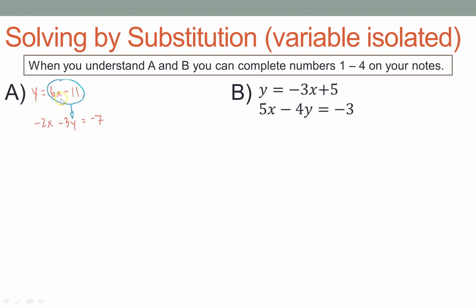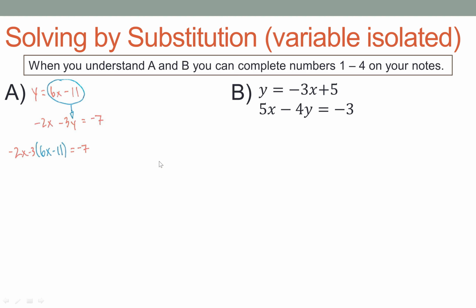So remember, the first equation is 6x minus 11 equals y, and the second equation is negative 2x minus 3 times y. So instead of the y, I have negative 2x minus 3 times the quantity in parentheses 6x minus 11. That whole thing equals negative 7.